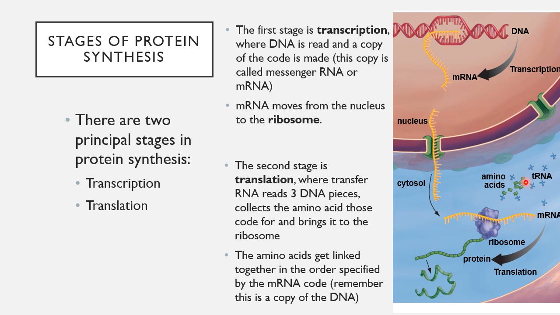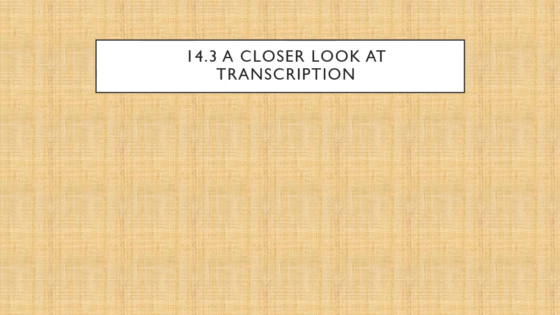They bring it back to the ribosome, and they start connecting those amino acids together in the order specified by the messenger RNA. And remember, messenger RNA is just a copy of your DNA. So this is where the DNA code gets read and where the amino acids that it codes for get put together in the appropriate order.